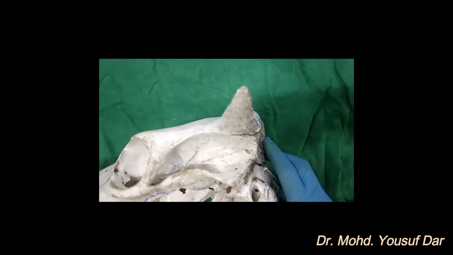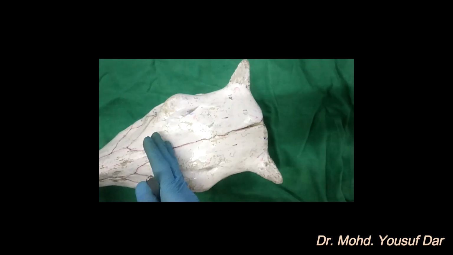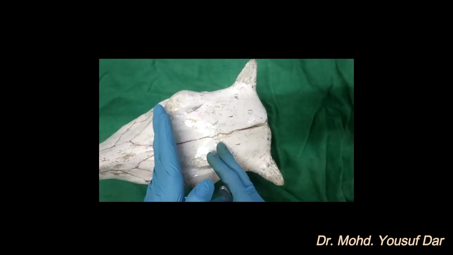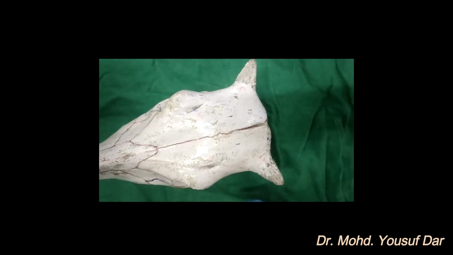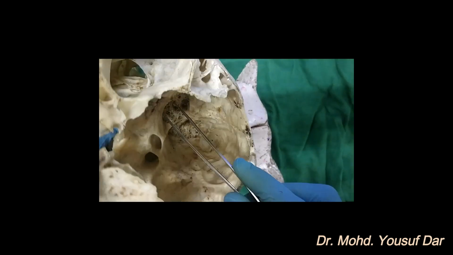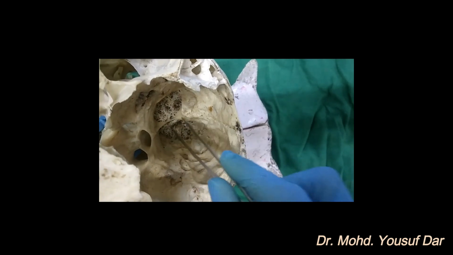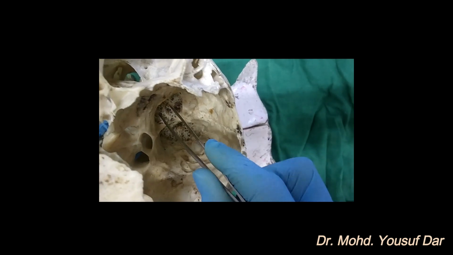We have another bone that divides the cranial cavity and the nasal cavity, known as the ethmoid bone. You can see this is the ethmoid bone, a single bone.